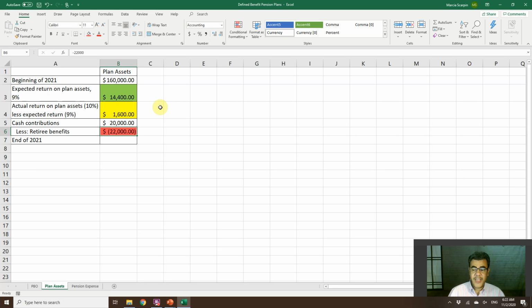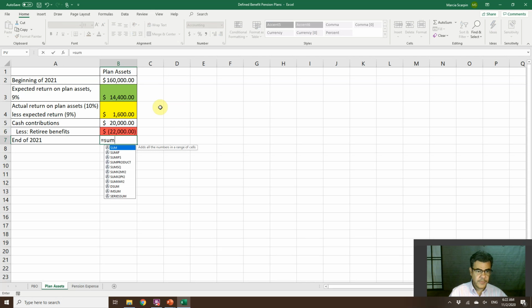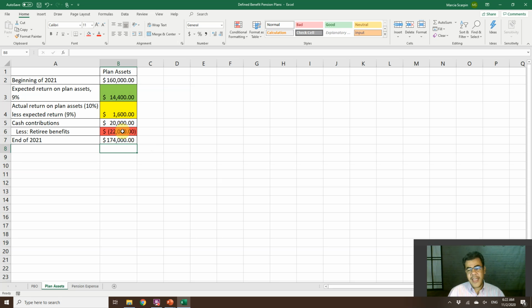So debit PBO, credit plan asset. And the ending balance will be the sum of everything. Here we sum it because for the retiree benefits we are working with a negative number. So our ending balance will be 174.